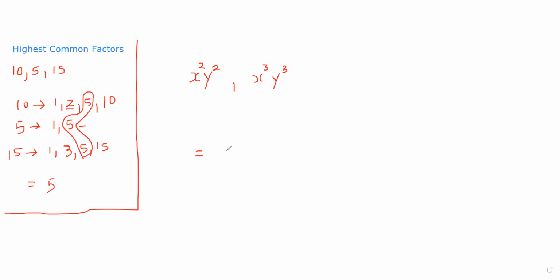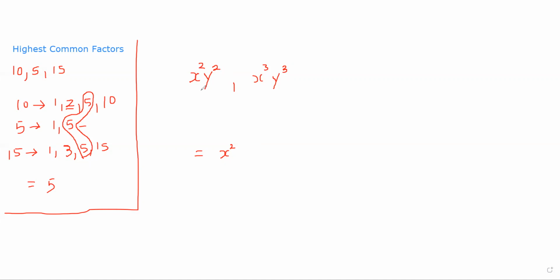So that would be x squared. And where's the lowest power of the y? Both of them have x and y, so you look for the lowest power of the two. The lowest power of the x: this is cubed and this is squared, so we use the lowest one, x squared.